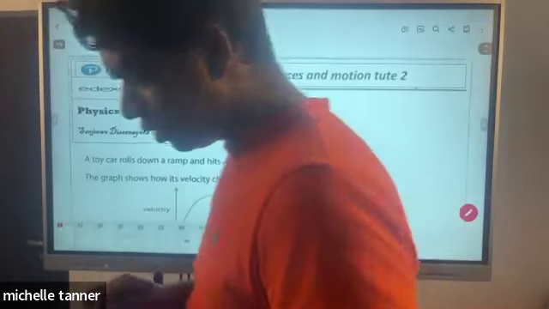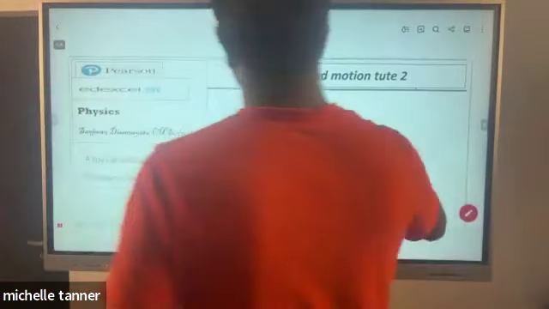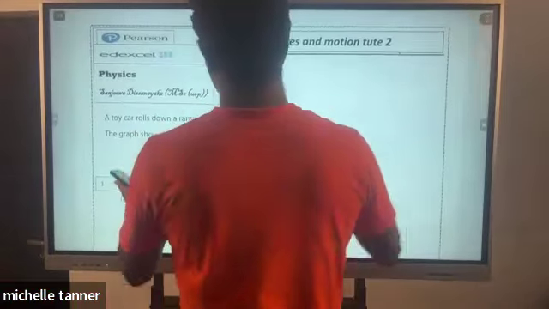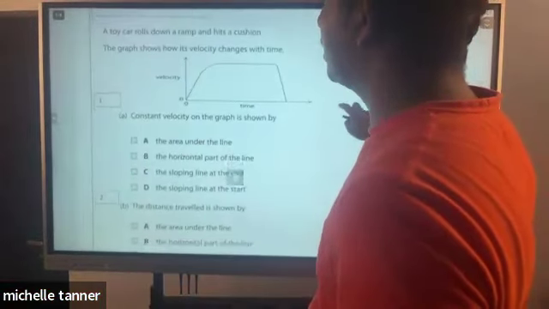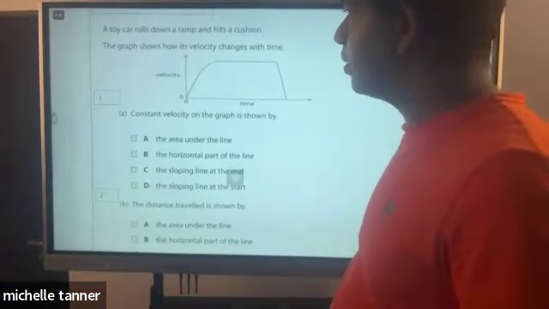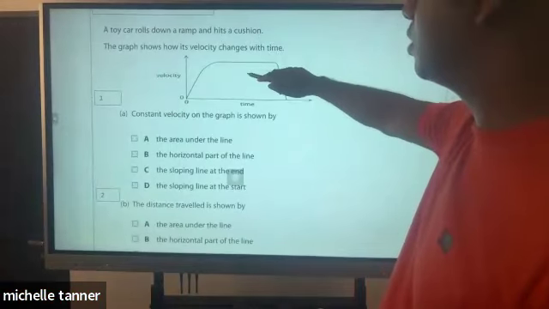Right, what's the answer for question number 1? A toy car rolls down a ramp and hits the cushion.